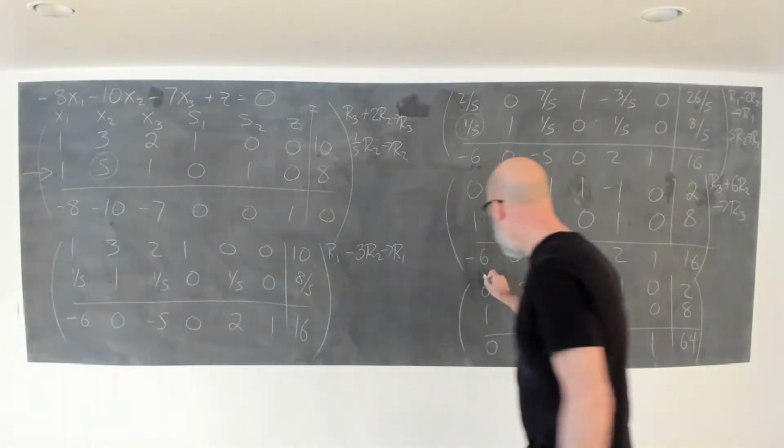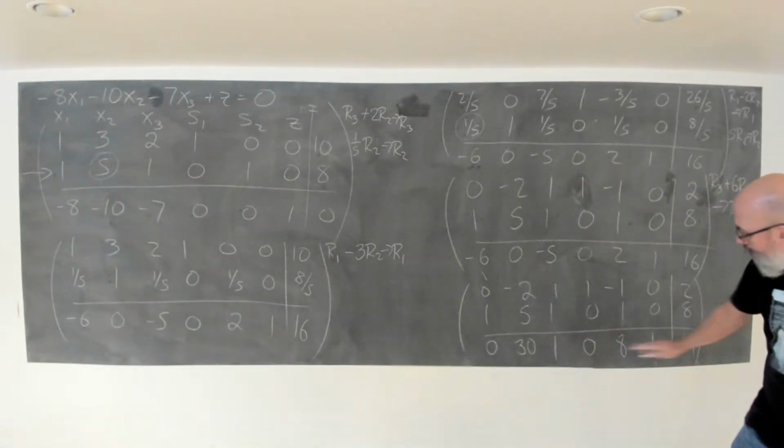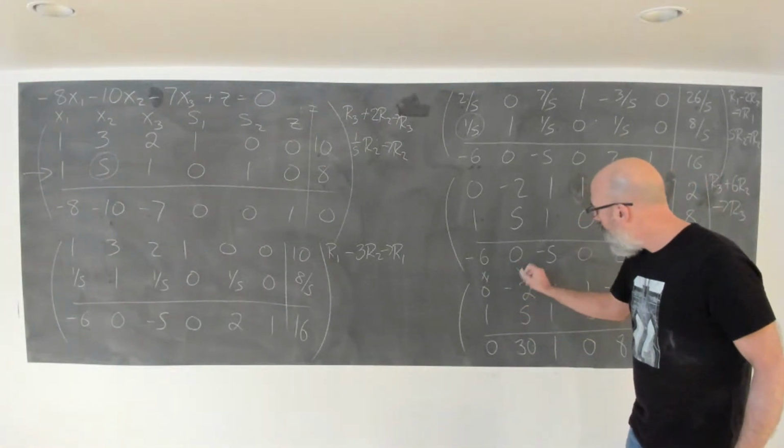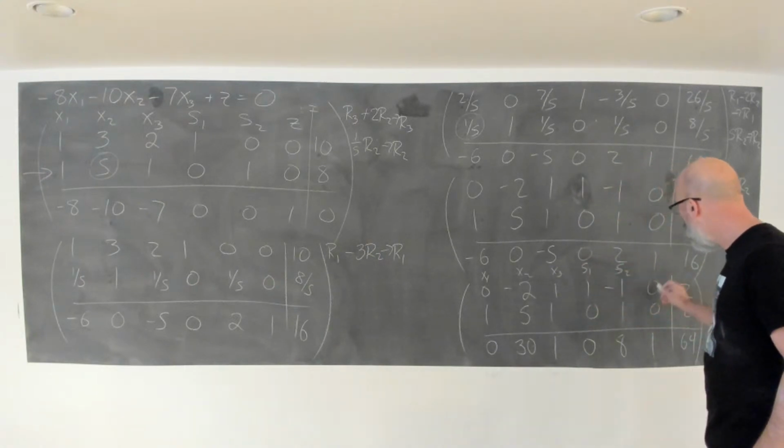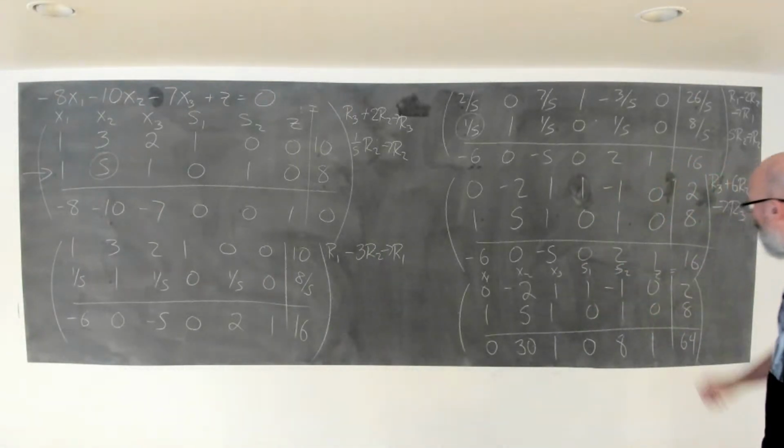Again, remember this was x. So we're in that situation right now, no more negatives. This was x1, x2, x3, s1, s2, z.